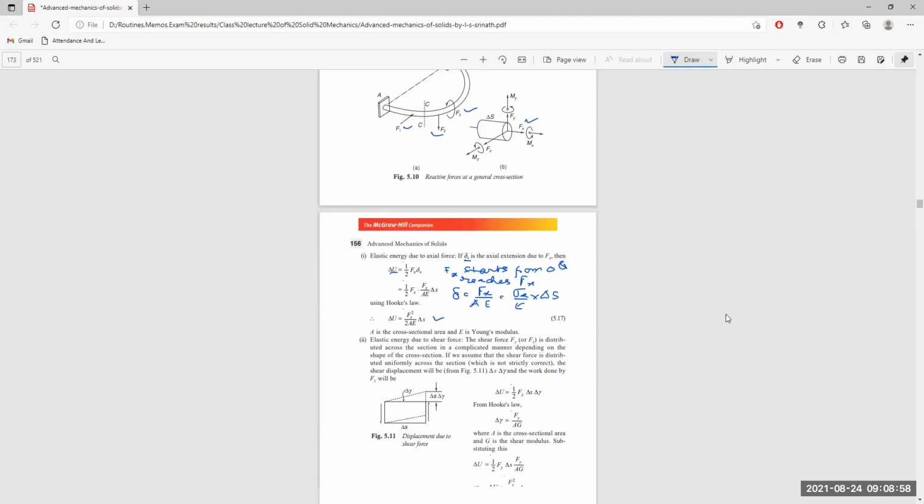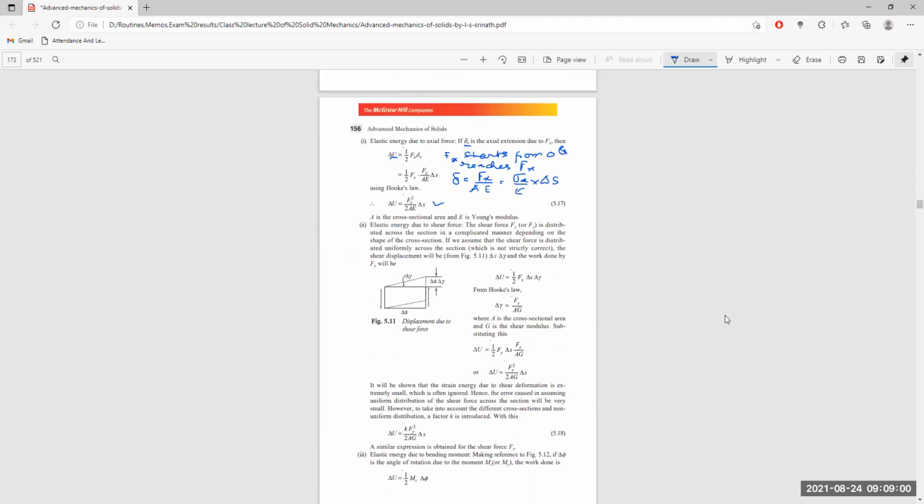Let us go to the elastic strain energy due to shear force. The shear force, say Fy, can be Fy or Fz. It is distributed along the section itself. Its distribution is a bit complicated, but we assume that the shear force is distributed uniformly across the section, which is not strictly correct.